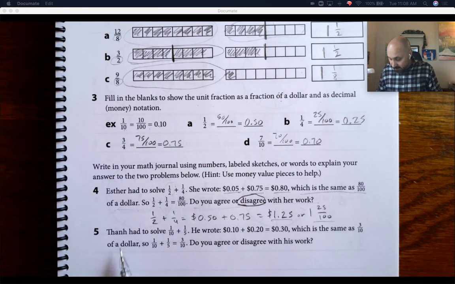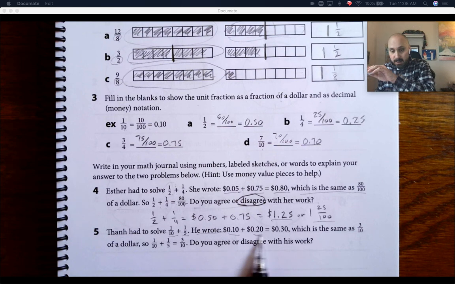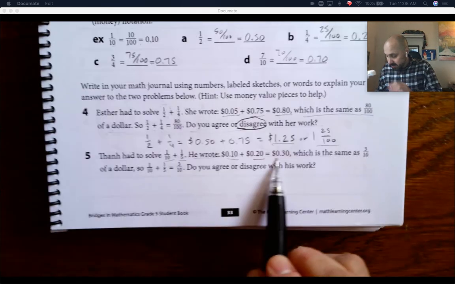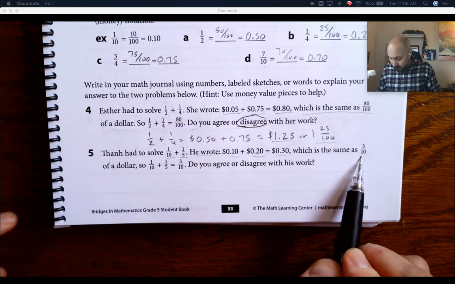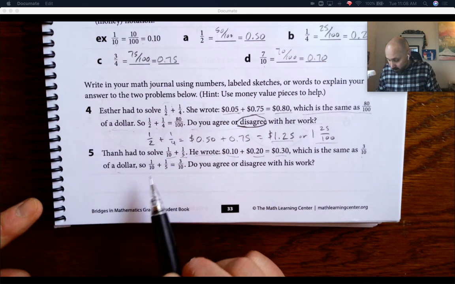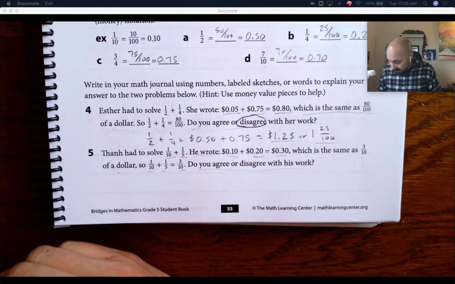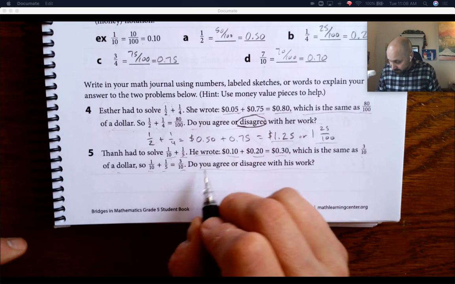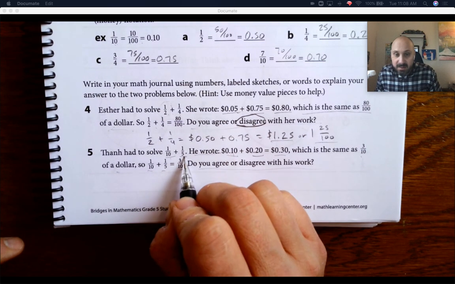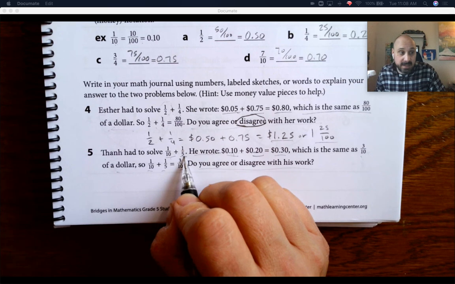And it says Tan had to solve 1/10 plus 1/5. He wrote 10 cents plus 20 cents equals 30 cents, which is the same as 3/10 of a dollar. So 1/10 plus 1/5 is 3/10. Do you agree or disagree? Well, if 1/10 is 10 cents, 1/5 is going to be twice as big as 1/10.